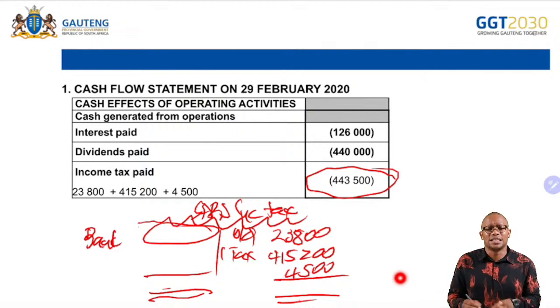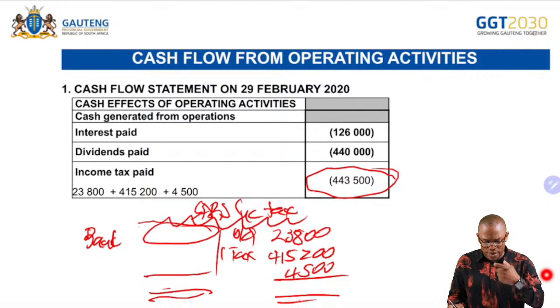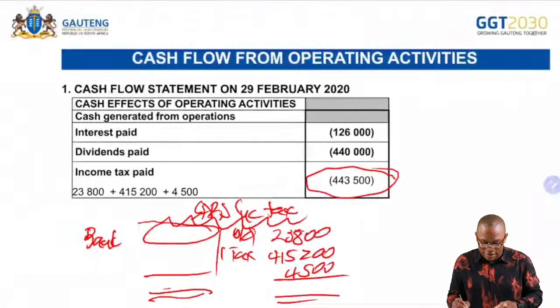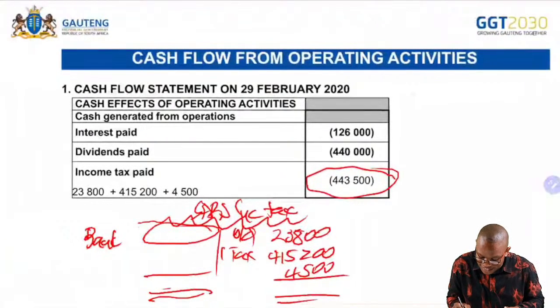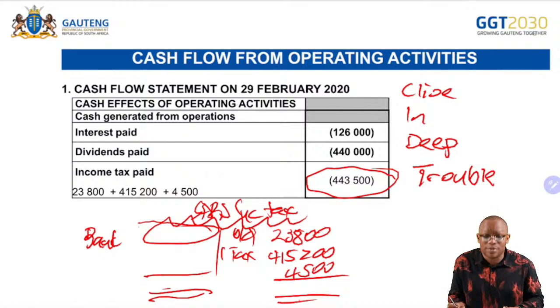And one other thing, just to make you remember this, in case you are in an examination room and you forgot, for cash flow, the first part, when I teach it, I will always say Clive in deep trouble. Why am I saying that?